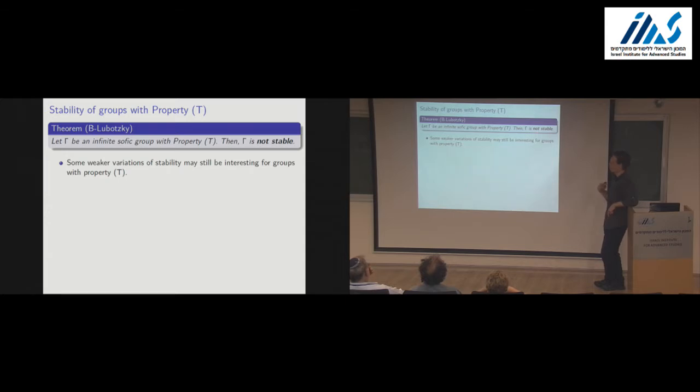Okay, this looks like a very strong result, but let me just say that the proof suggests that one may take some weaker notions of stability, and this entire thing will still be interesting for property T. So although this looks like we know everything, we can change the definition a bit and then we know nothing. And it will be very interesting. I can tell about it some other time.